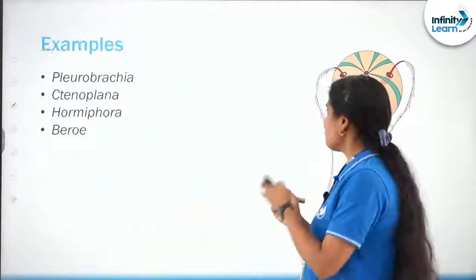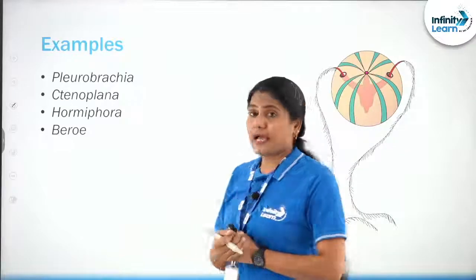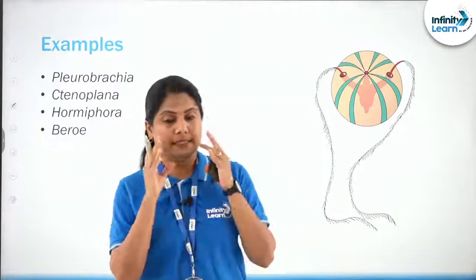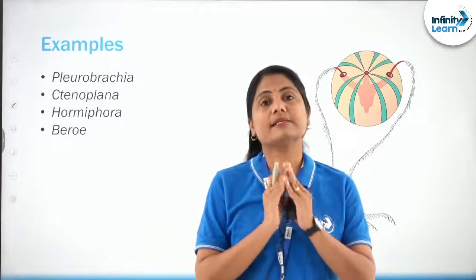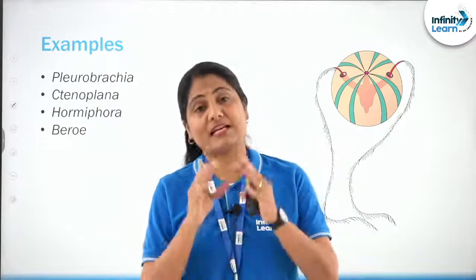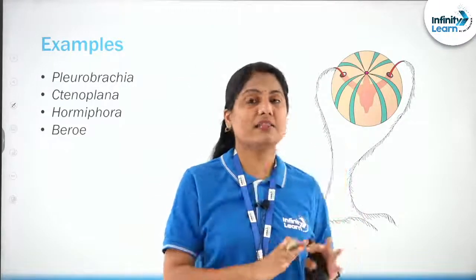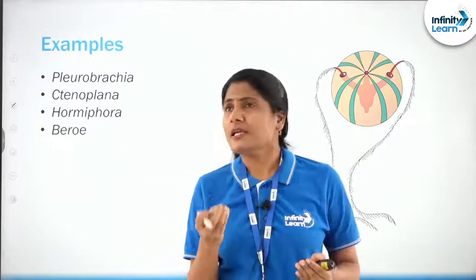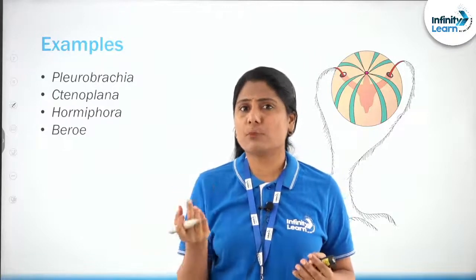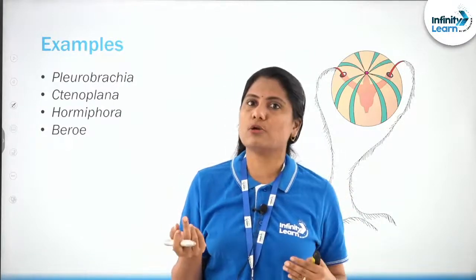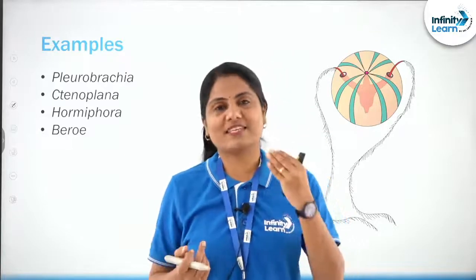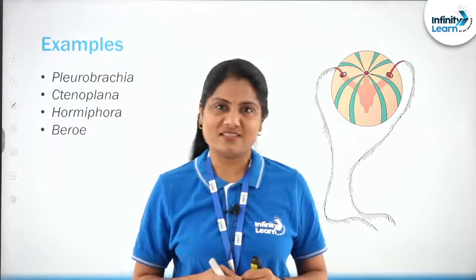Archaeocytes, right? I always tell you that it's important that you learn all the scientific names, at least those that are given in the NCERT text, right? Some examples appear out of the textbook also. As long as you know the rest of the three options, you can always nail that answer, right?